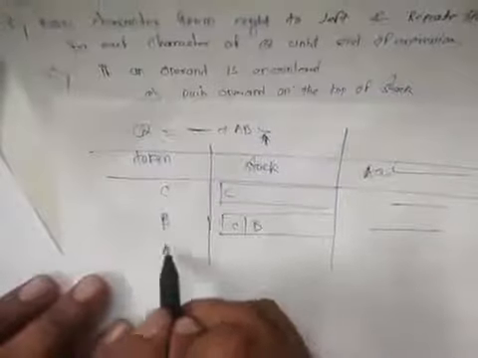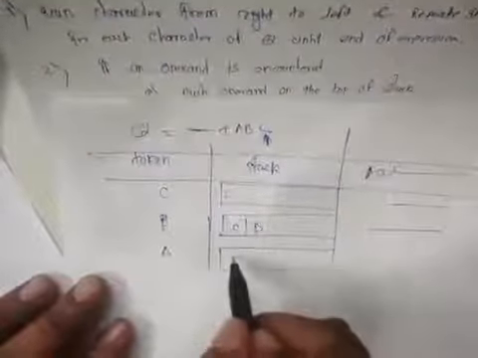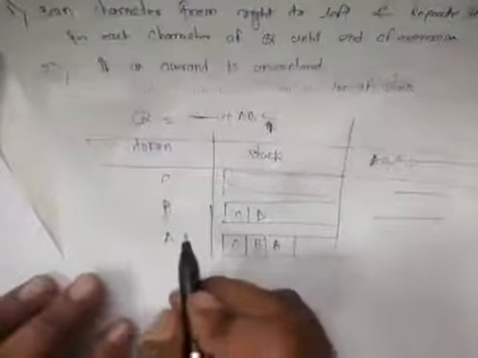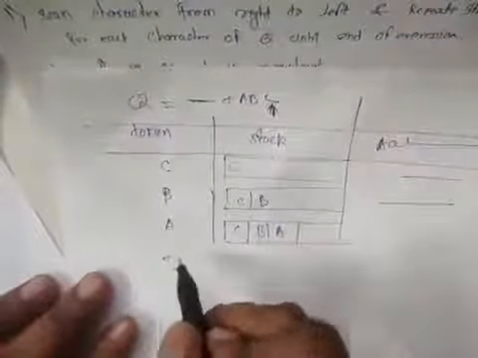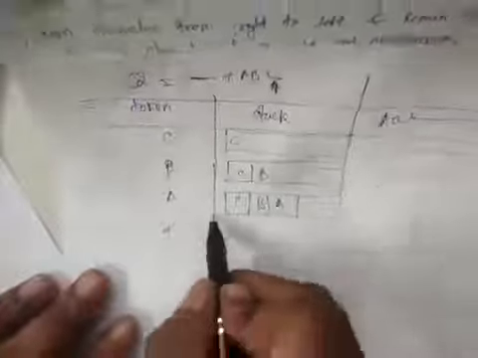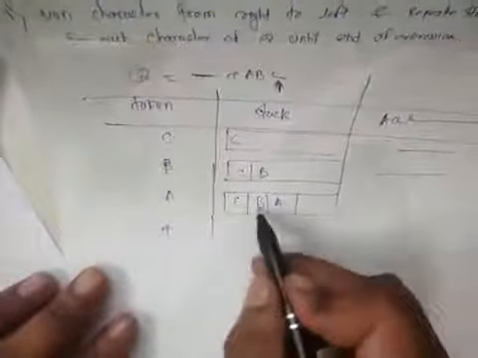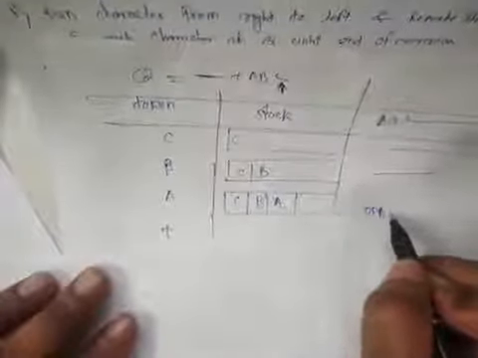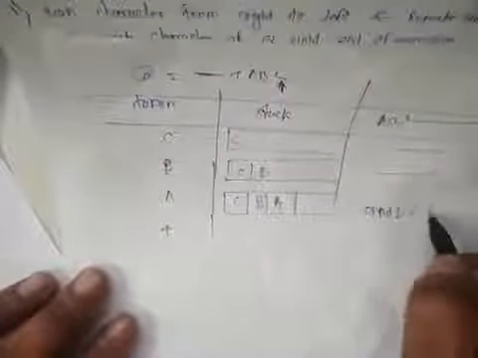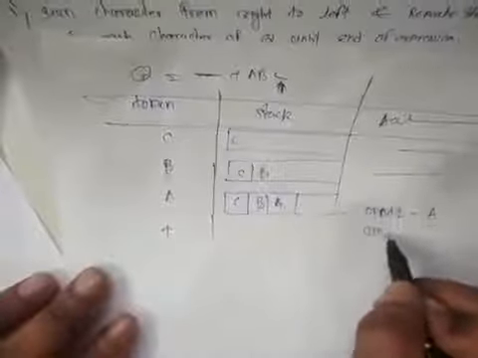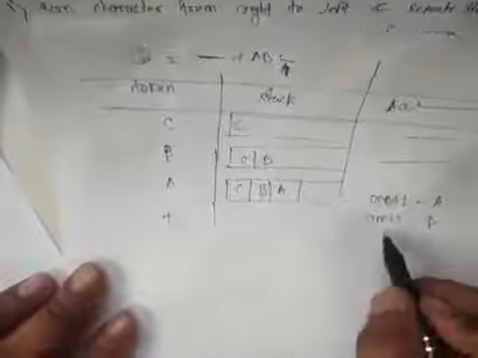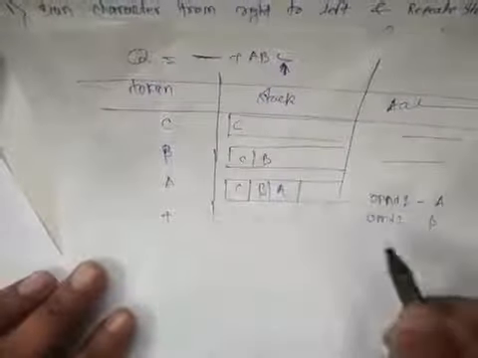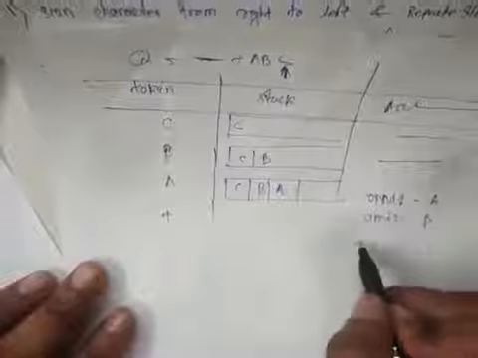The next token is what? A, push on the top of the stack. C, B, A. The next token is what? Plus sign. So pop the last two elements. What are those? A and B. So operand 1 contains A, operand 2 contains B, and we are going to put the operator after operand 1 and operand 2.